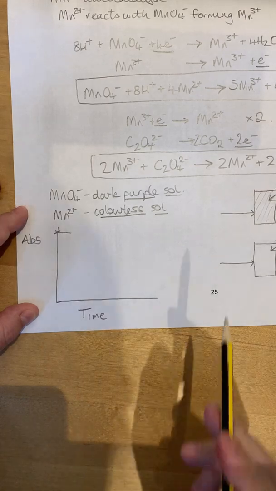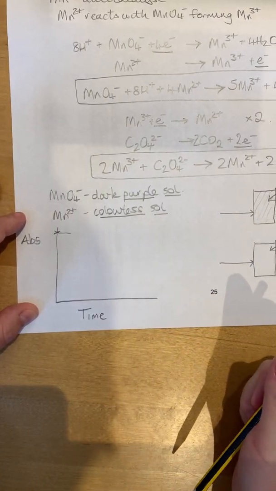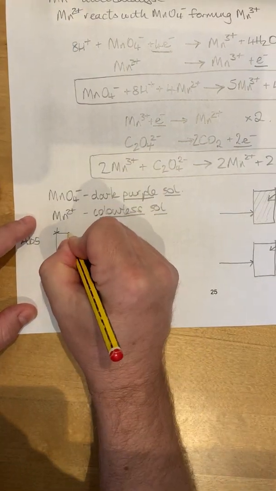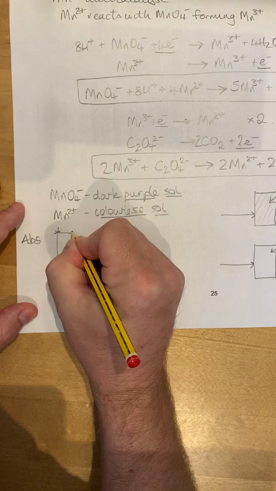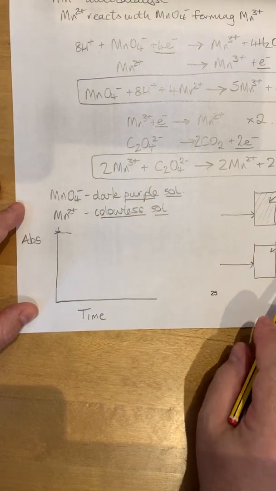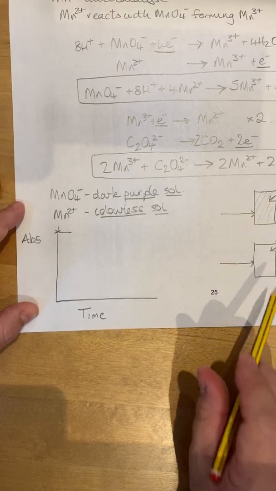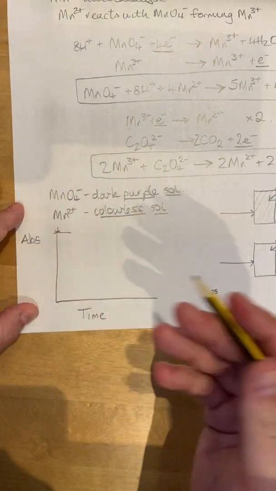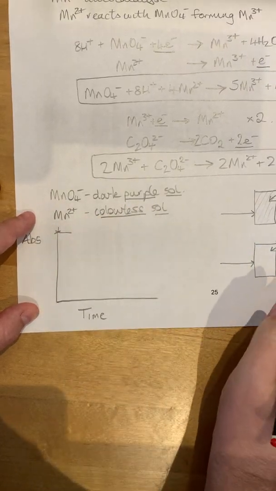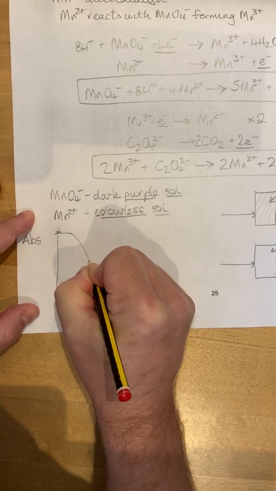But then, after we've produced a critical amount of Mn2+, the autocatalysis process kicks in, and that rate of reaction increases. More of the MnO4- gets converted ultimately into Mn2+, making that solution a lighter purple, or eventually turning it colourless. And that occurs like this.